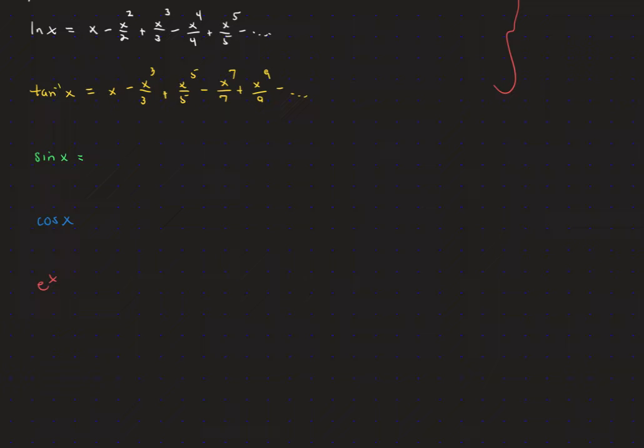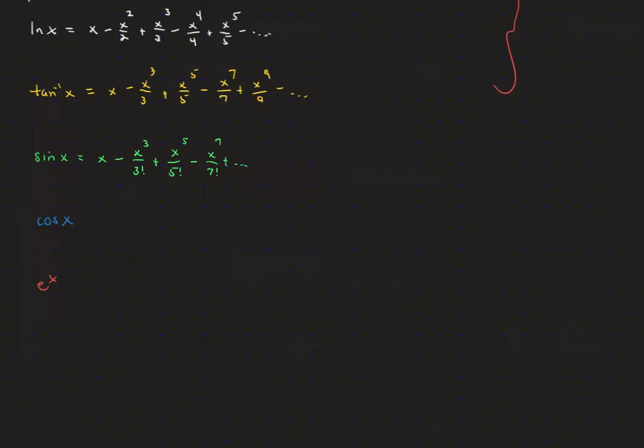So the sine, because it's odd, we're going to start with an x. And so we'll go then just alternating with our odd powers over the same factorial. So this we need to know, and so on.